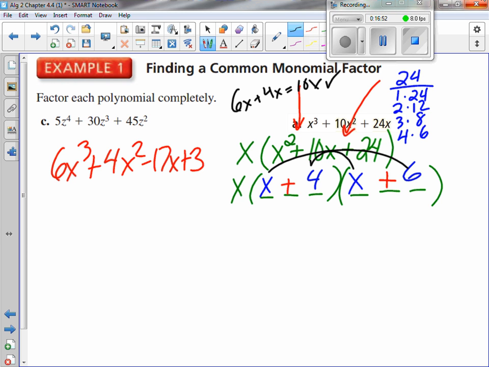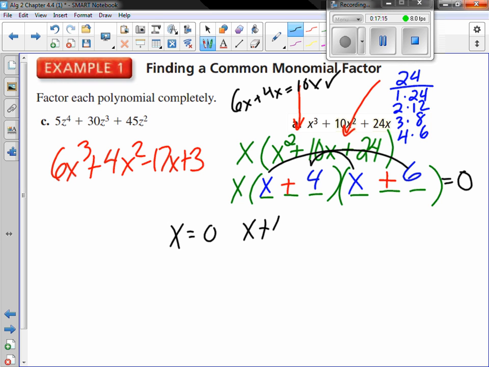Are there any questions on this here? Any questions on how we factor this? Now, when we solve this, we're solving it for when it equals 0, yes? We're trying to find out what value of x will make this 0. And our zero product property said when I have any multiple things multiplied together that equal 0, one of them has to be 0.